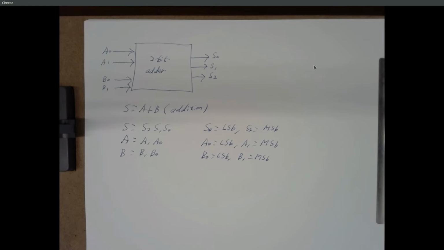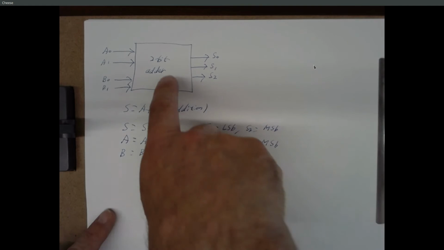So you really want to be absolutely clear to whoever is reading this what each of those inputs and outputs are and what this block does. It adds A and B, it produces a sum which is called S, and that's what those bits are that make up A, B, and S. So that's your first step in designing something: make a good system diagram, label the inputs and outputs, describe the behavior. The next step is to figure out what goes inside here.